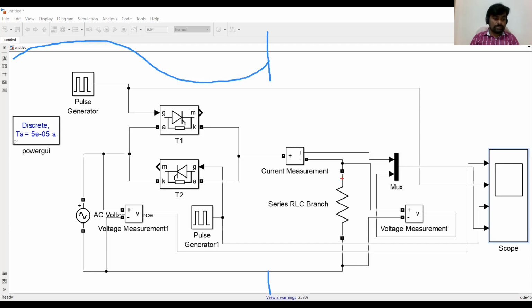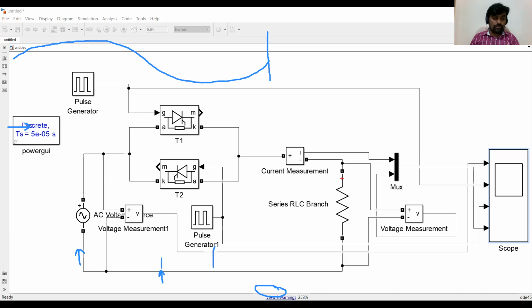It is taking 2 millisecond, that means 0.002 second to complete one cycle. And here, this is alpha 30 degrees, where T1 is triggered. So from here on, the output voltage follows the input voltage, the black line you can see. The red line is for the output current wave shape. And from this particular point onwards, T2 will be in conducting state, and it will control the negative half cycle.